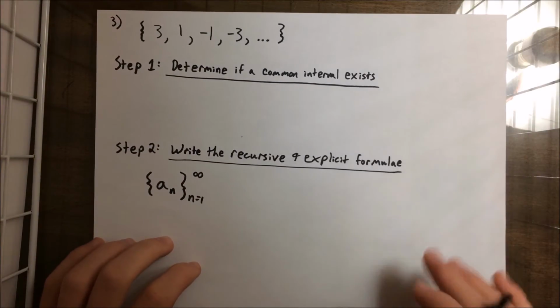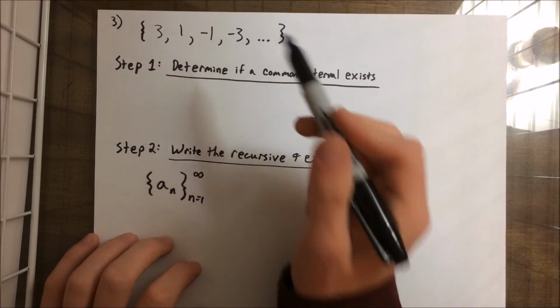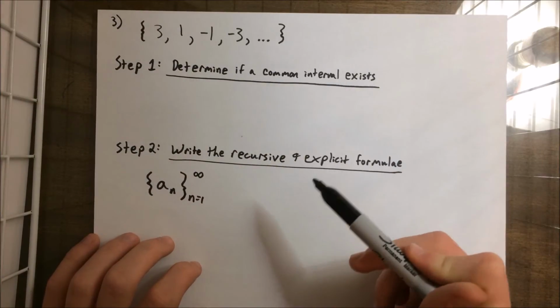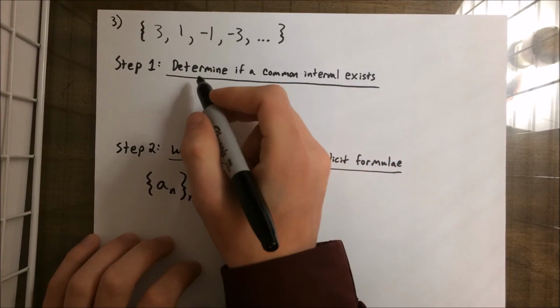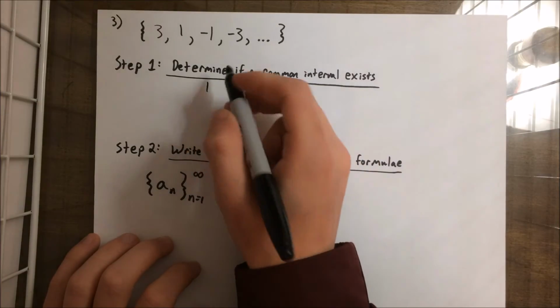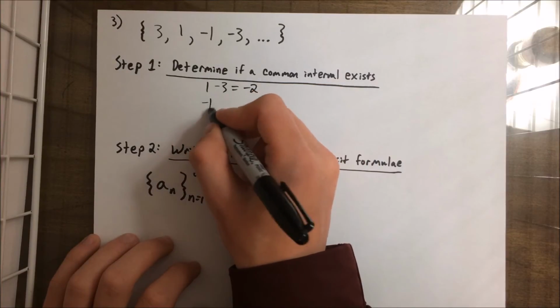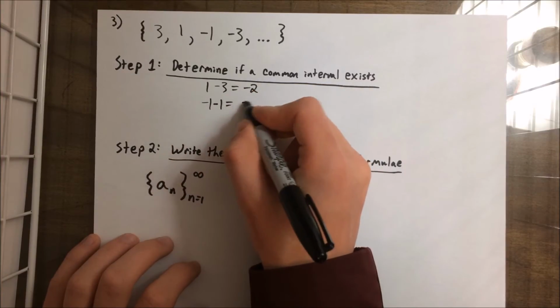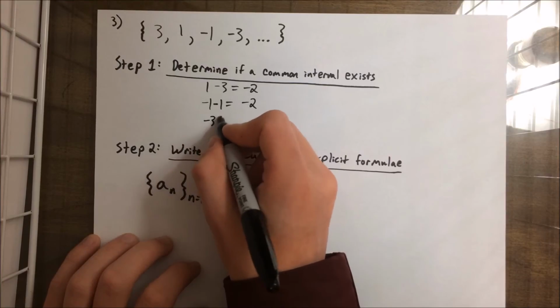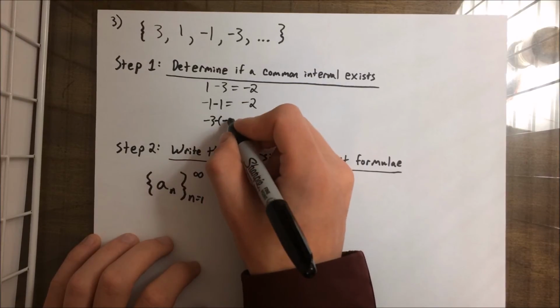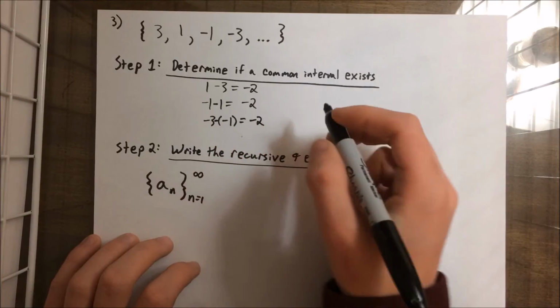In example 3, we have 3, 1, -1, and -3 as our given numbers. So to determine if a common interval exists, we're going to take 1 minus 3, get -2, -1 minus 1, -2, -3 minus -1, -2.